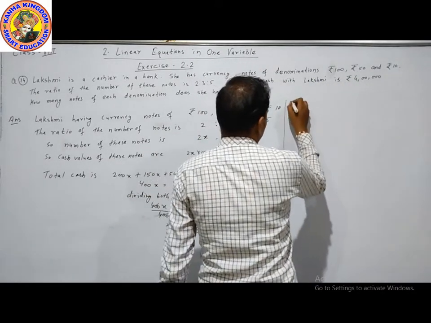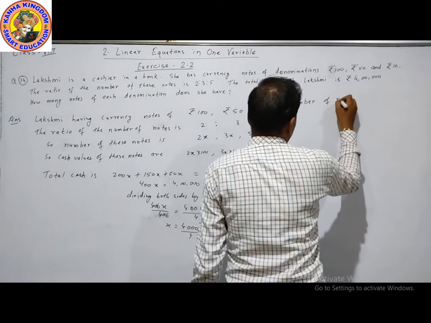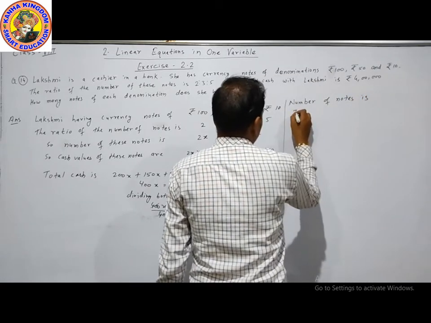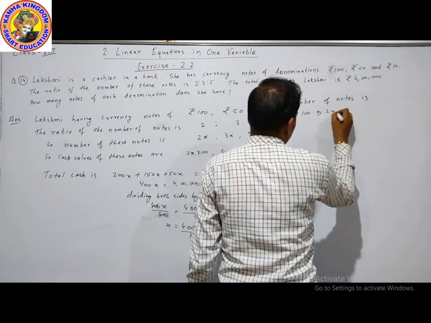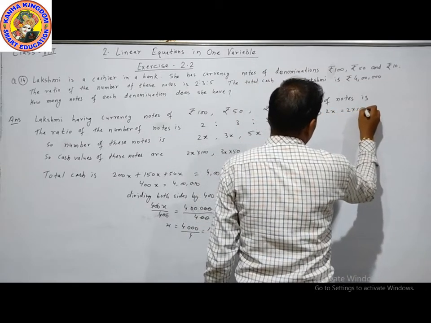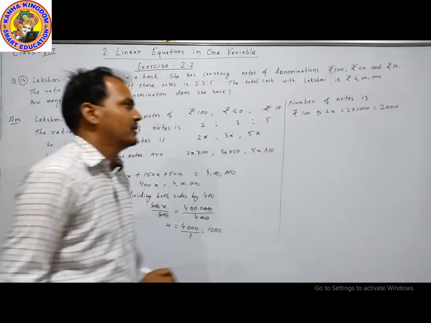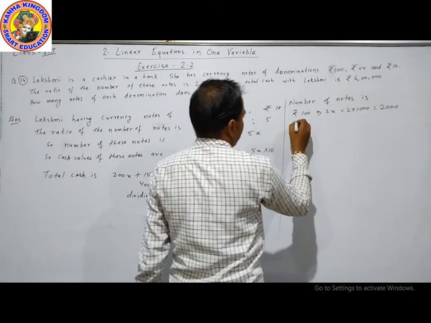So the number of notes: rupees 100 notes are 2x, 2 into 1000, so the number is 2000. Rupees 100 notes are 2000.